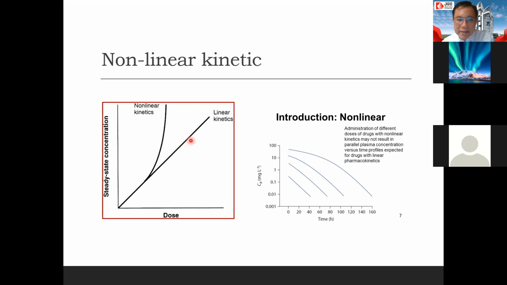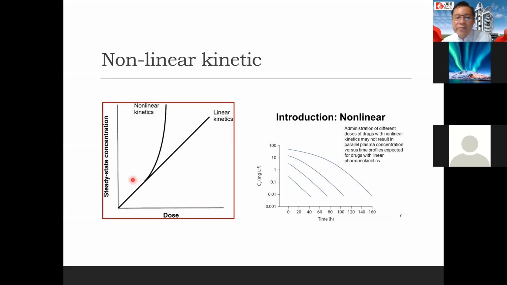The linear kinetic, like what Dia said, is more predictable. Let's say you have this dose, you can predict the steady state. If you double the dose for the linear kinetic, the concentration also will double, correct? If your dose is here and your concentration is here, if you double the dose, the concentration also will double.